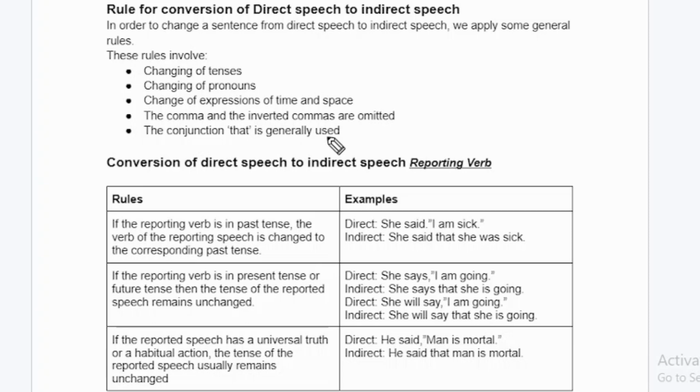Okay, so now we will see, as we saw in the first example, I will explain more. Conversion of direct speech to indirect speech: the reporting verb. So now we are dealing with the reporting verb.